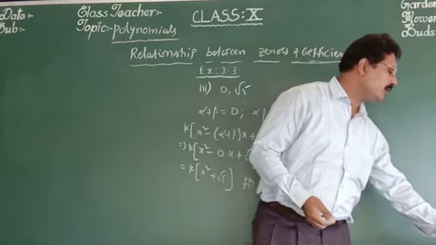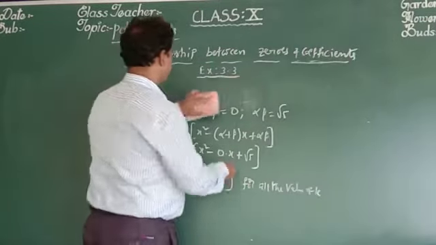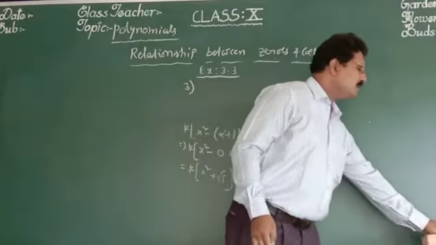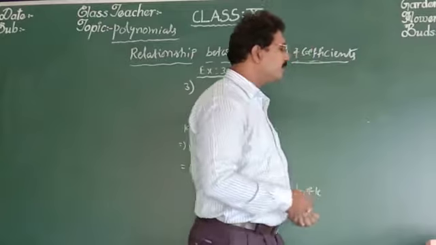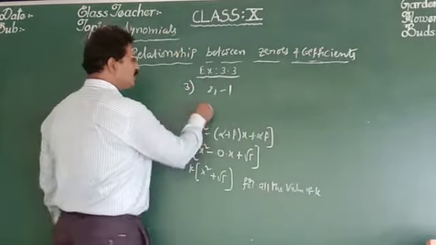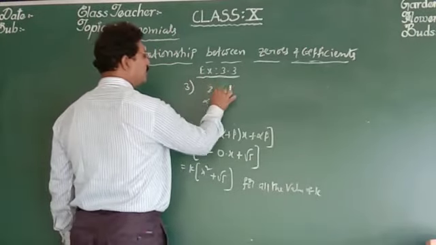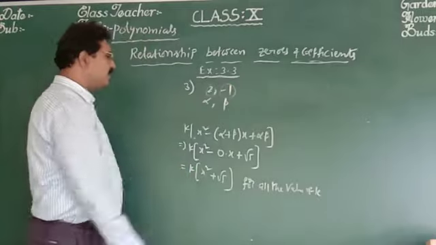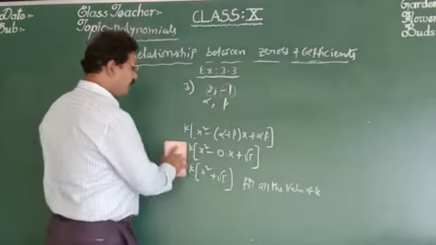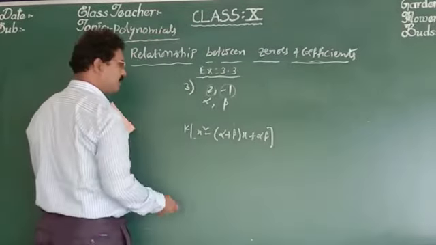Find the quadratic polynomial for the zeros alpha comma beta given in this case: 2 comma minus 1. Zeros given means one is alpha, another one is beta. Alpha is 2, beta is minus 1. Substitute in the same quadratic polynomial: k of x square minus alpha plus beta into x plus alpha beta.